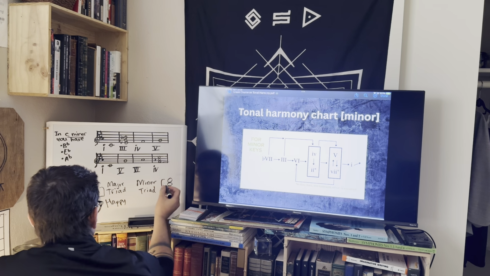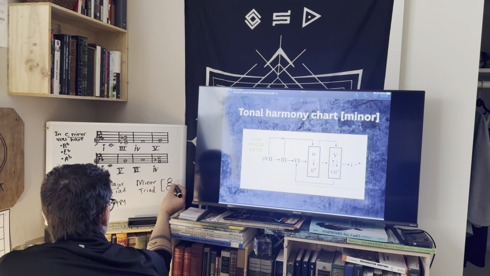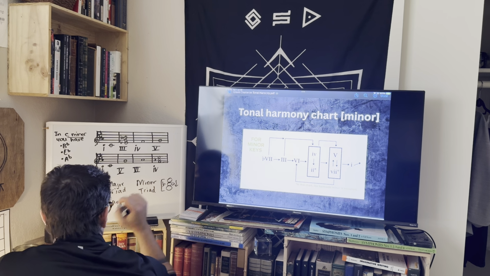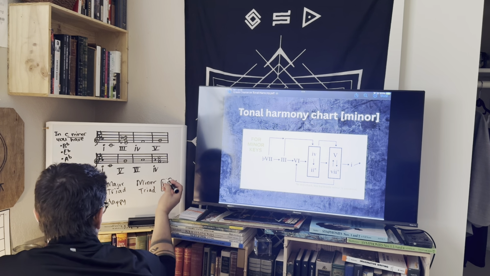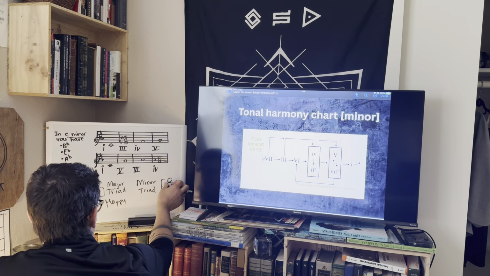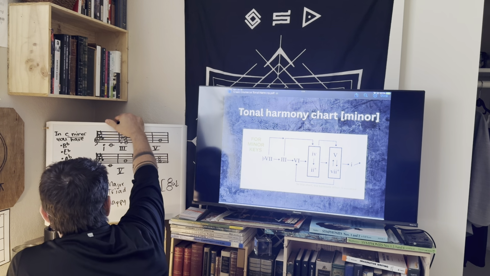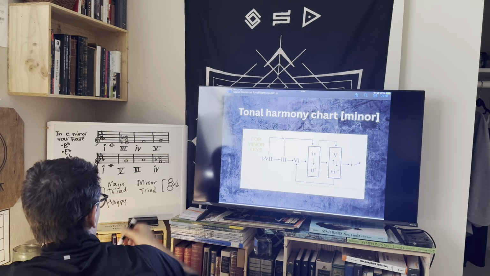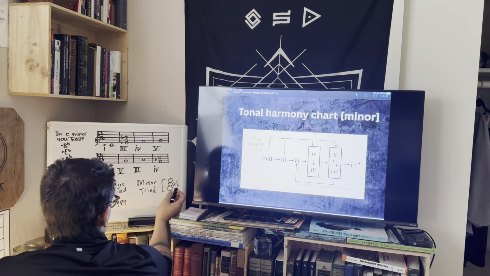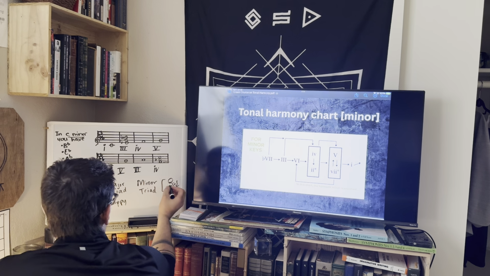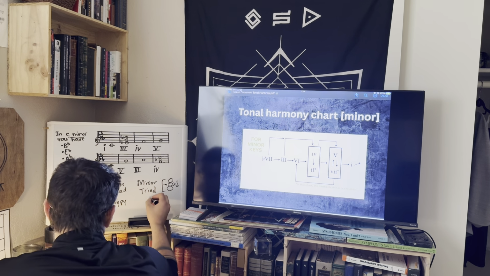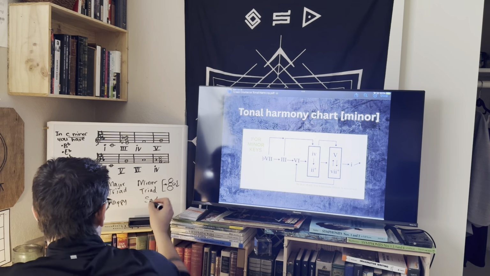In a minor triad, this note right here is going to be lowered, or flat. Sometimes it's flat. If it's in a sharp key, like the key of F sharp, lowered just means natural, but it just means lowered. For the purposes of this, just understand that a minor triad means that the third of the triad is lowered, which makes a sad sound, okay?